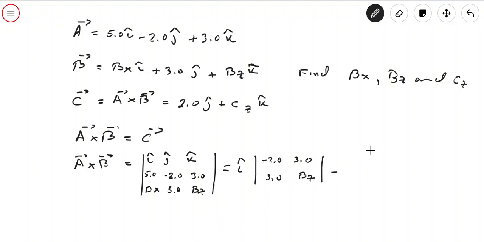Then we have the j, and eliminating this row and this column, we have a determinant of 2 by 2 with 5.0, Bx, 3.0, and Bz.